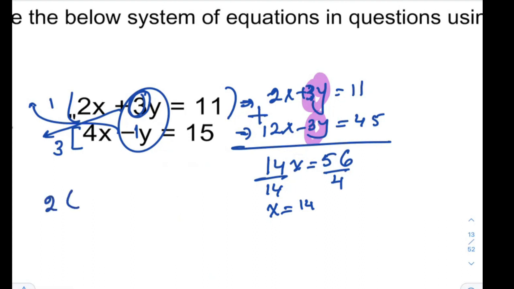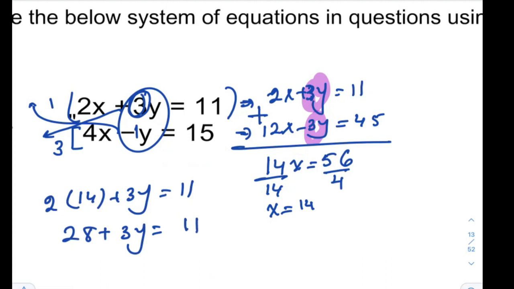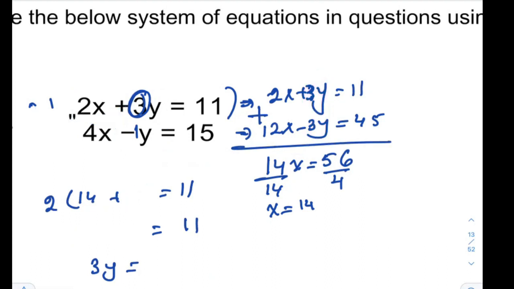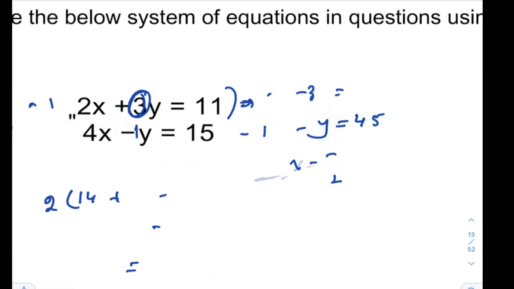I'll take the first one: 2 times 14 plus 3y is 11. 28 plus 3y is 11. 3y is... there is something wrong. It's 4. I think I have missed something. Let's repeat it again. I'm sorry for this mess. Let's repeat.